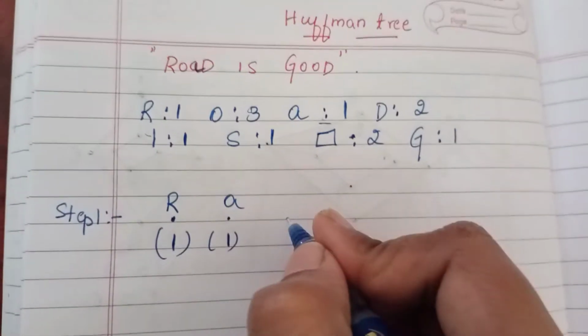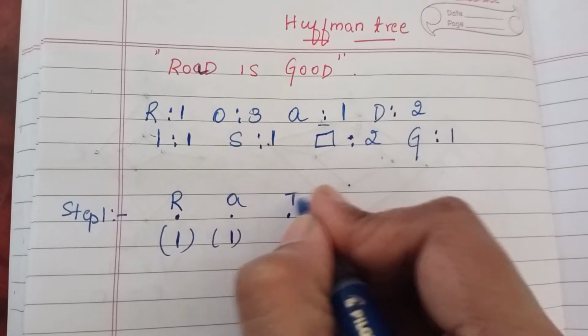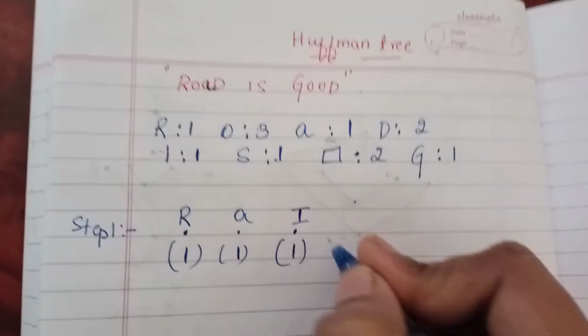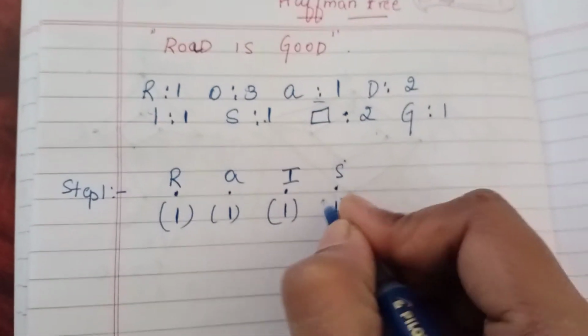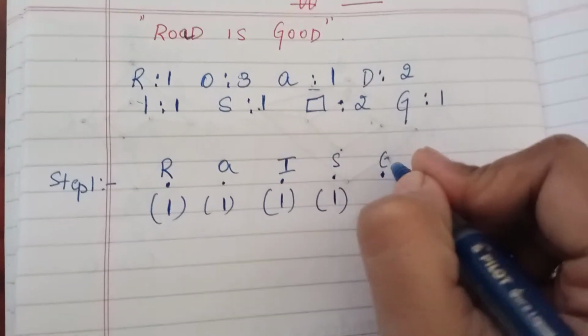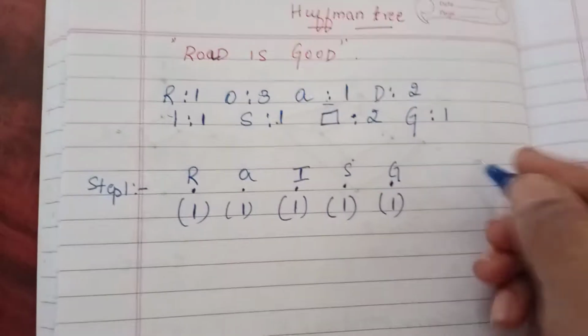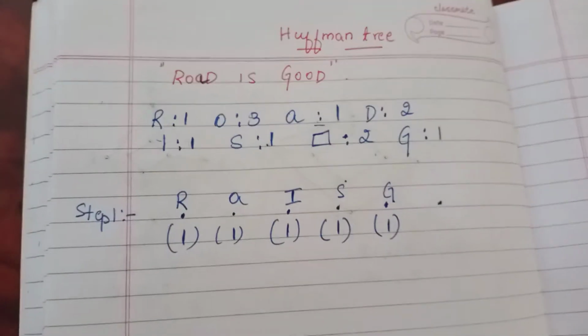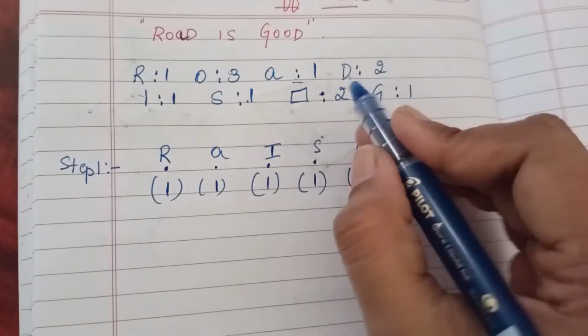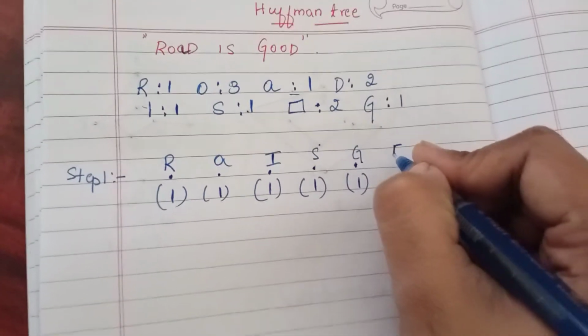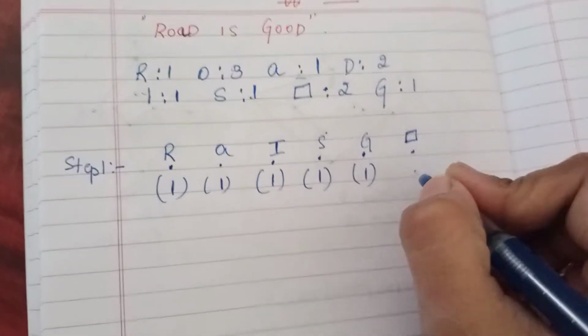Next, the frequency of I is 1. Frequency of S is 1. Frequency of G is 1. In the order in which they have come in road is good, I have taken in that order, because many of them have the same frequency, that is 1.